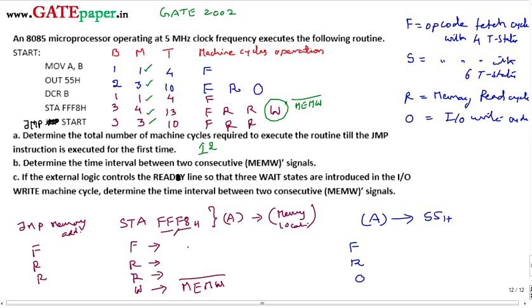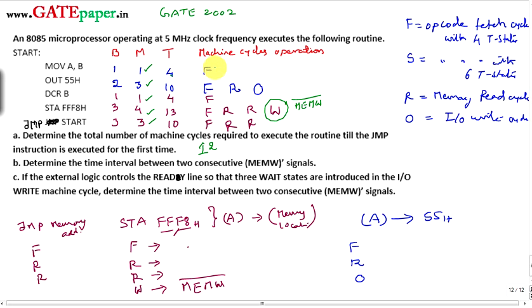So between 2 consecutive memory write operations, one memory write is from the first iteration and the second memory write comes from the second iteration. Otherwise, the memory write from the second iteration and the memory write of the third iteration. Like this, you must consider 2 consecutive memory write signals from 2 iterations.